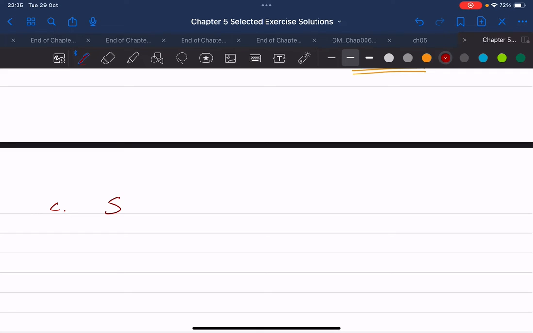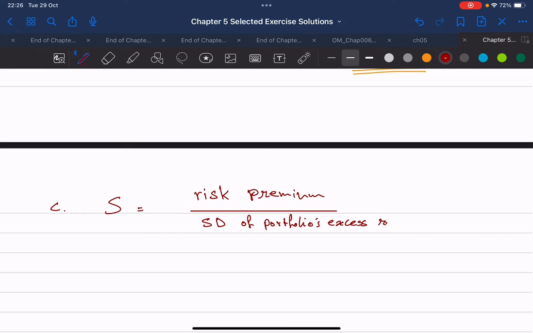Okay? So Sharpe ratio equals risk premium over the standard deviation of portfolio's excess returns.